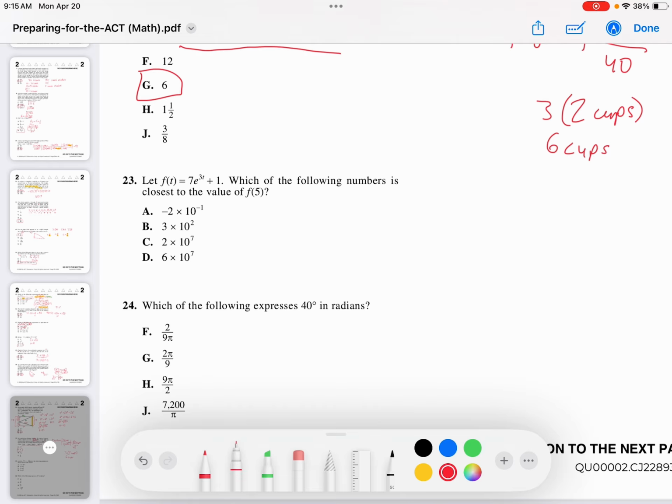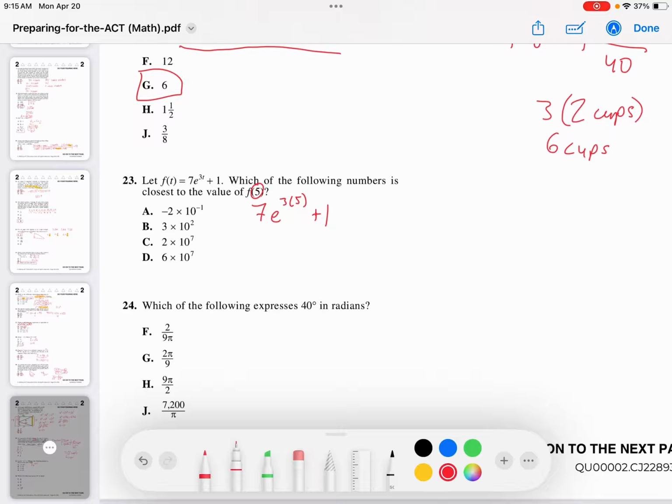Let f of t equal 7e^(3t) plus 1. Which is closest to the value of f of 5? We should be able to just do this on our calculator. I put in 7e to the power of 3 times 5, because that's what it says to do for f of 5, plus 1.